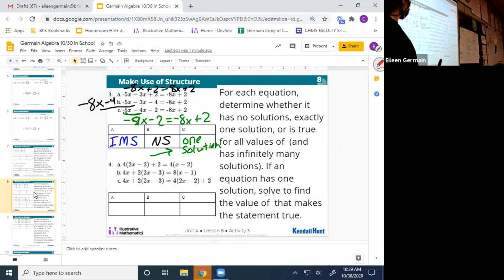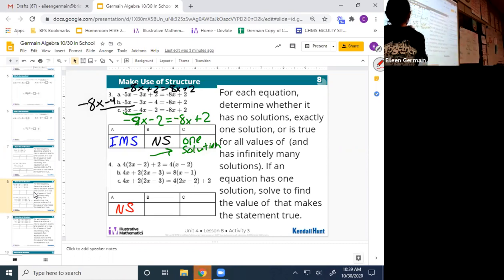Wonderful. Let's take a look at 4A. Let's see who is doing 4A here. 4A was done by Abby. And Abby said that 4A had no solutions. And let's test it out. So what do we have to do here looking at this one? What operation did we have to do here? Distribute.